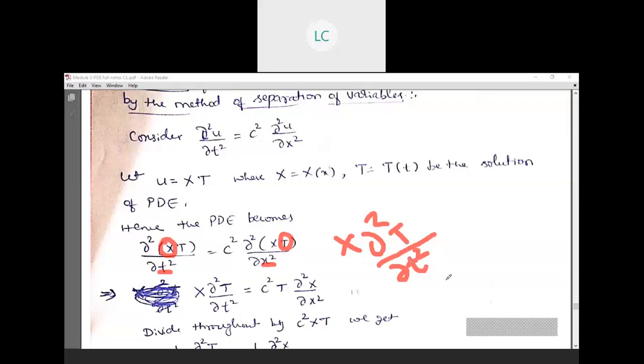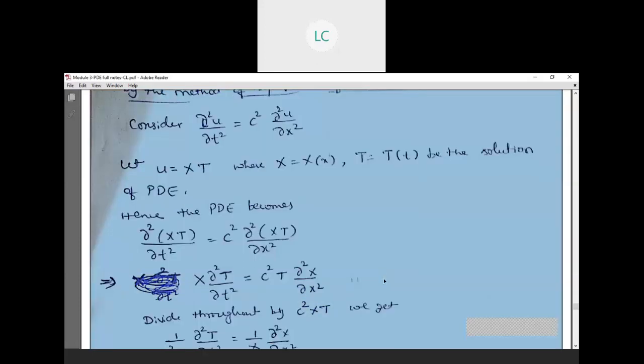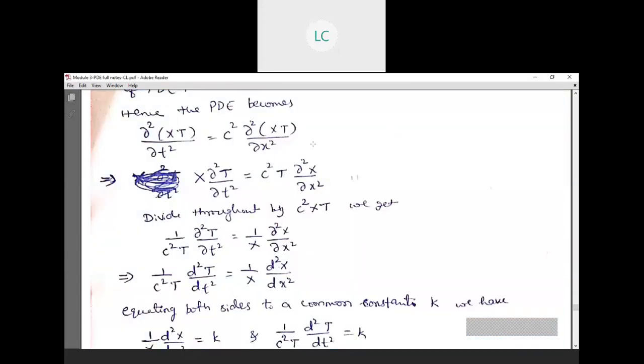That's why we can now rewrite in terms of an ordinary differential equation. Here I took X outside: X ∂²T/∂t² is equal to c² T ∂²X/∂x². This is the derivative with respect to x, this is with respect to t.